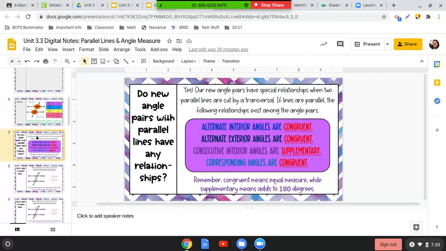So, do new angle pairs with parallel lines have any relationships? They sure do. We looked at these yesterday, but we're going to go in depth today.